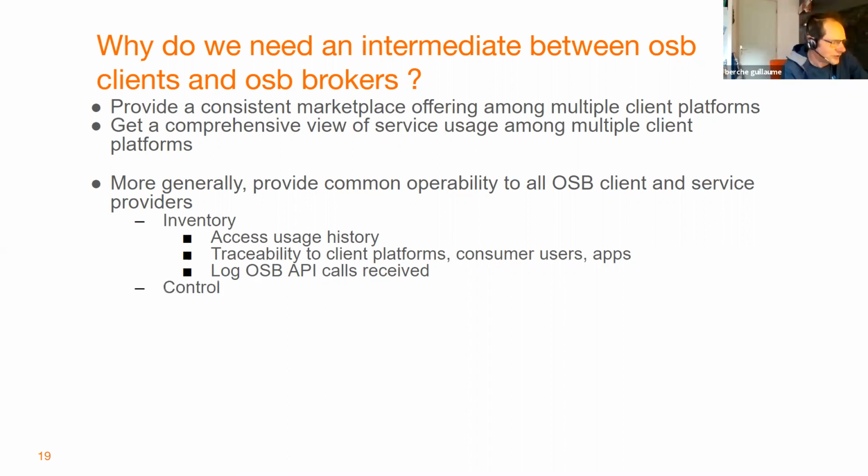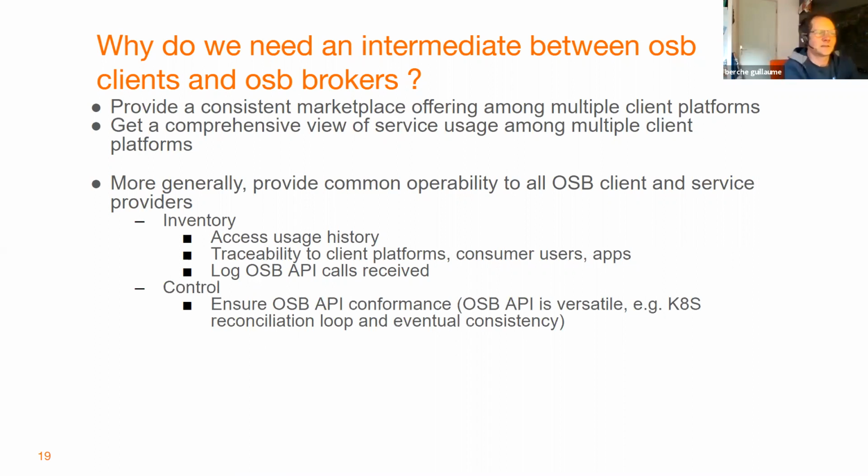And in addition, we need control. So one is to unify the OSB calls received by service brokers from different platforms. There are different profiles in the OSB API, and the Cloud Foundry profile is distinct from the Kubernetes profile. In particular, Kubernetes has the specificity of applying an eventual consistency pattern in its reconciliation loop implementation, which is costly to implement in a service broker.